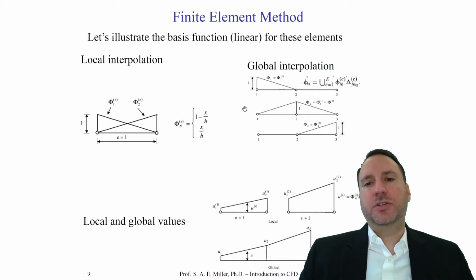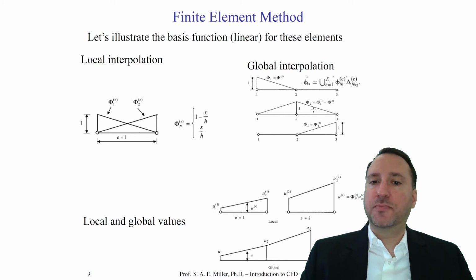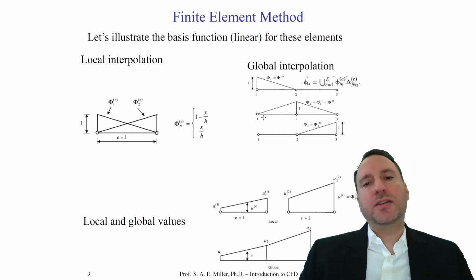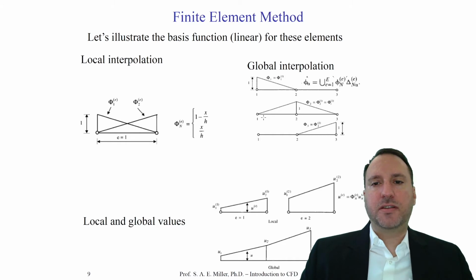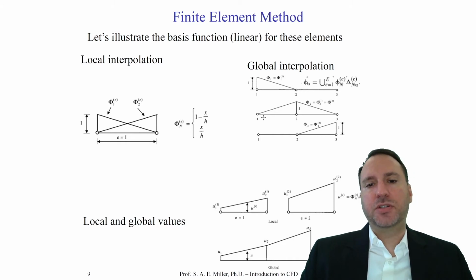In the middle case, we show how the basis functions are connected for 2 elements using the second basis function of element 1 and the first basis function of element 2. You can see that through this process, we can essentially construct any type of solution over this domain by varying the magnitudes of the coefficients of these basis functions, which is what we're really solving for in the finite element method.